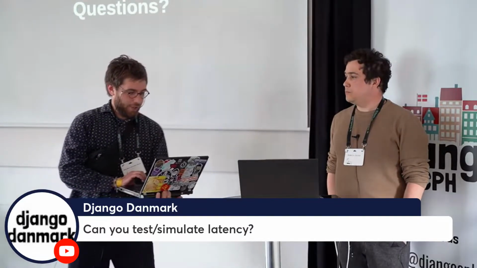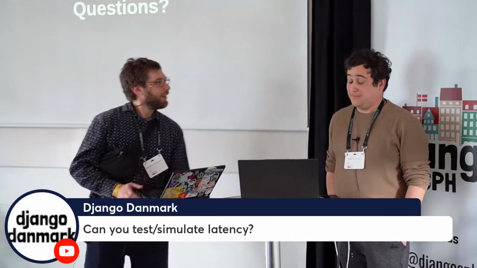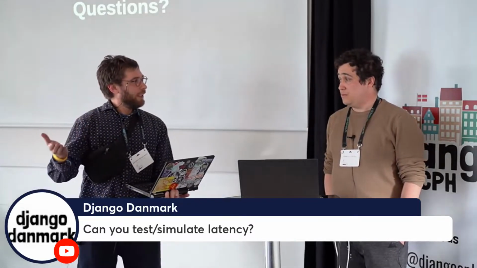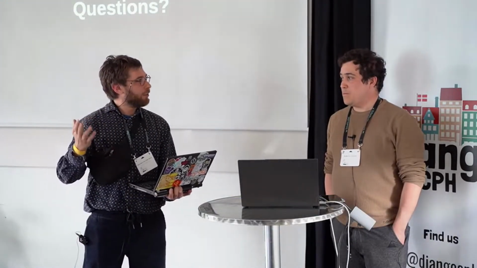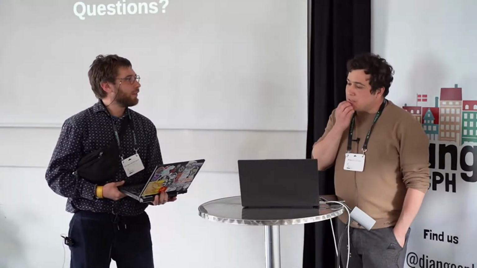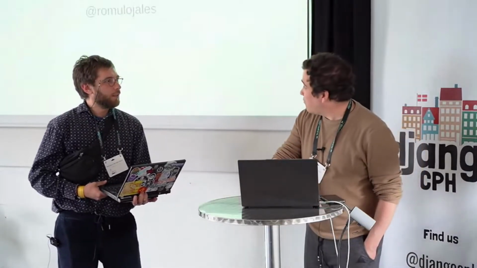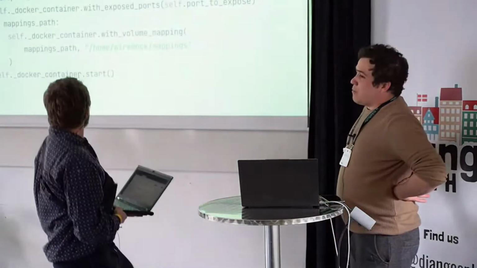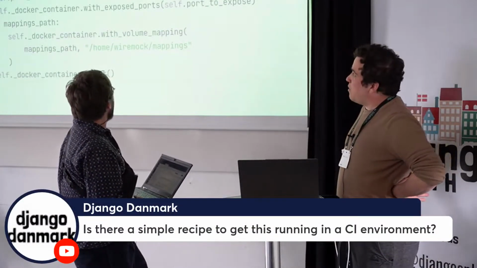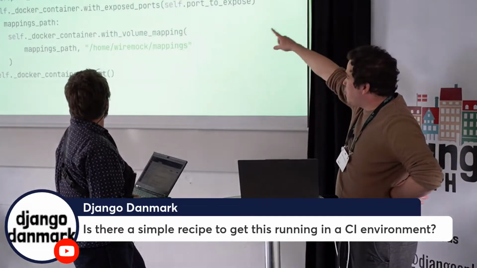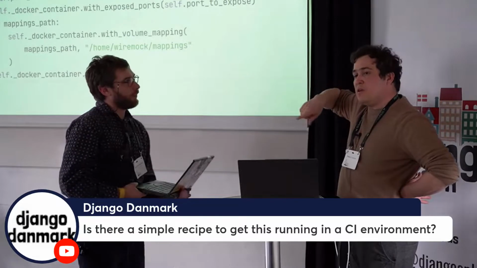I have a question myself. You showed that you can run it in a Docker container and also as a standalone jar. Is there a simple recipe for getting this up and running in a CI, like GitHub Actions, Travis, CircleCI, all that? I'm not aware of one, but I have a bonus: Testcontainers. This library is pretty nice. You not only can spin up a Docker container from your Python code, but also Postgres.